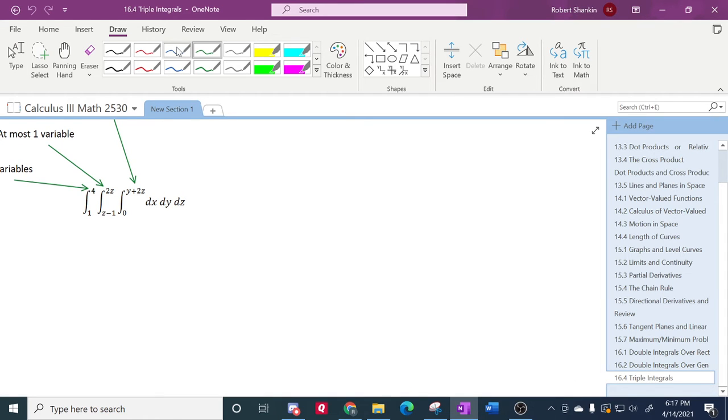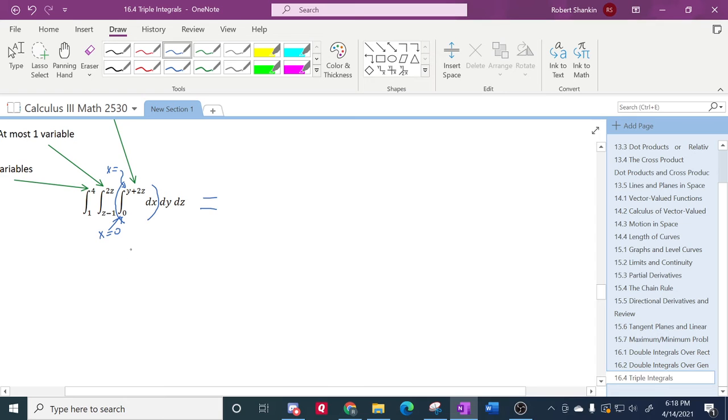And this is going to become equal to, we just look at the innermost thing. Textbooks don't put these limits in here, but since this is dx, this is x equals 0 to x equals this thing.